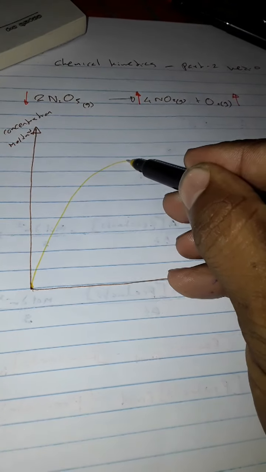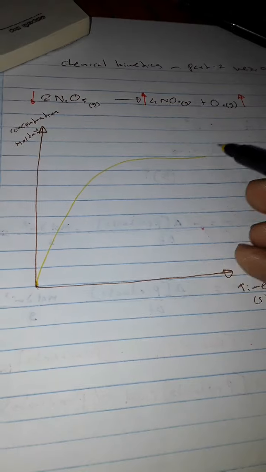Now look here, with time, what will happen to nitrogen dioxide? At the beginning, nitrogen dioxide is nil. With time, nitrogen dioxide concentration increases and becomes constant.